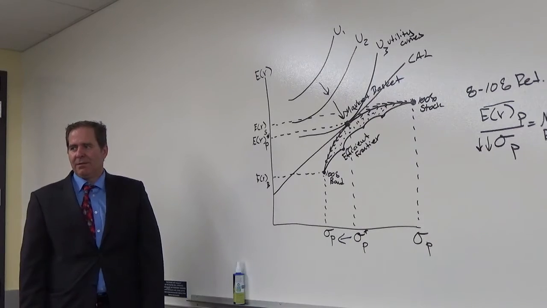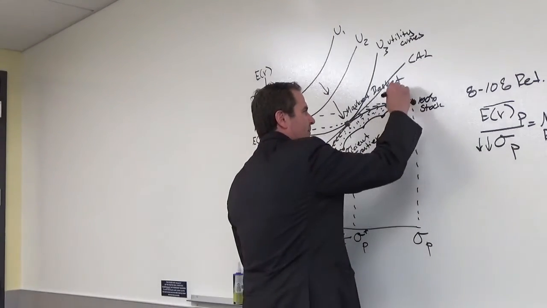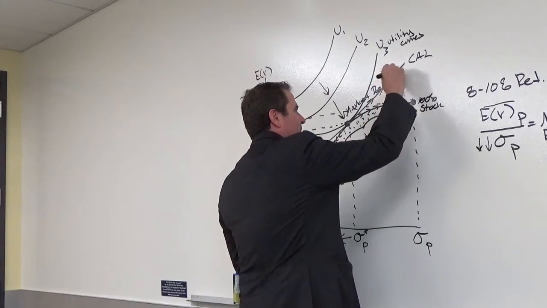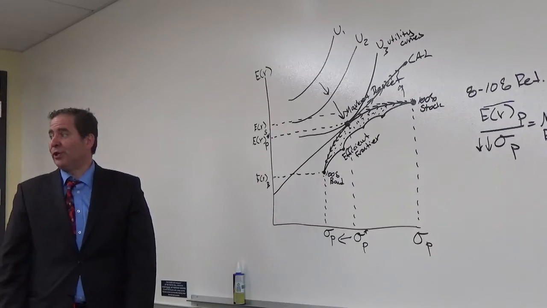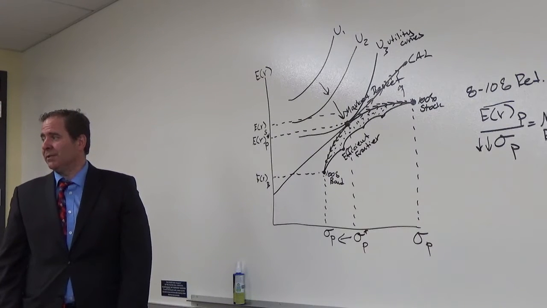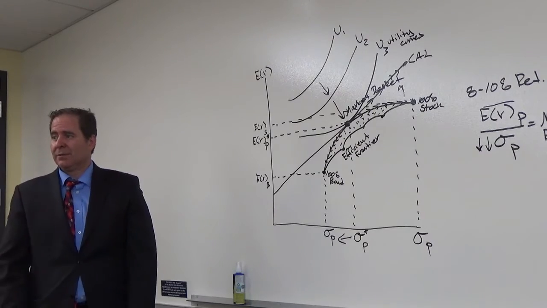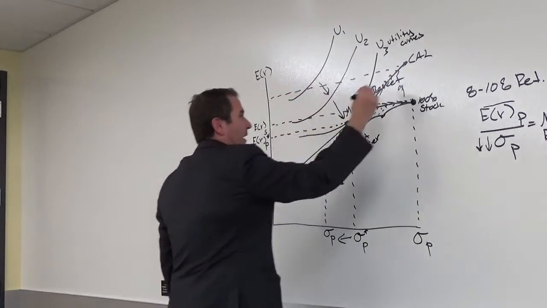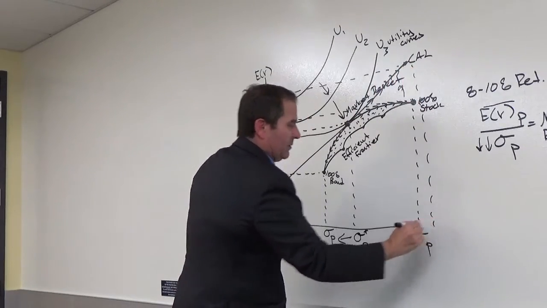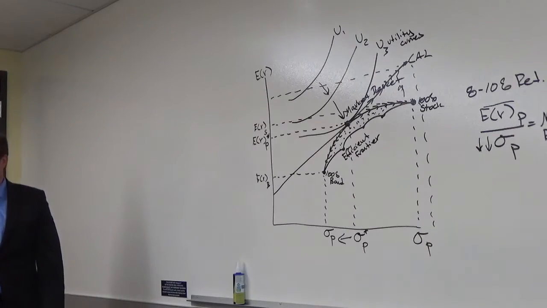Okay? I can also jump off the efficient frontier through the use of leverage. I can use margin accounts, or I can use a mortgage for real estate. I'm using borrowed money to lever up my equity. I'm going to get a higher rate of return, but I'm taking on significantly more risk by using leverage in the portfolio.